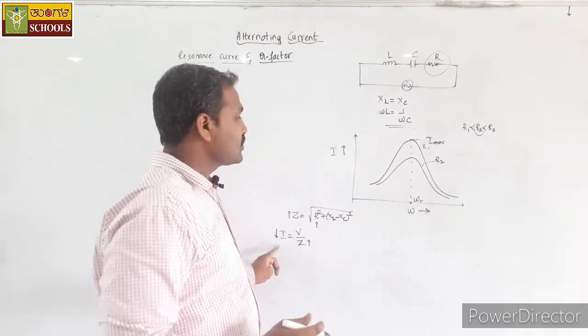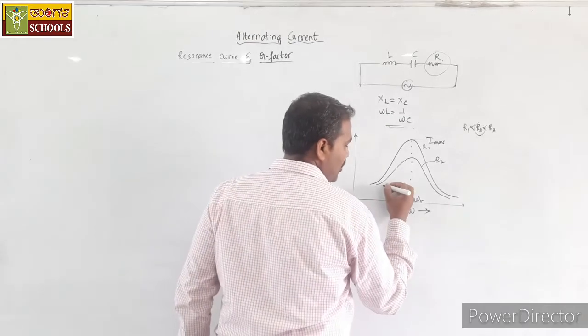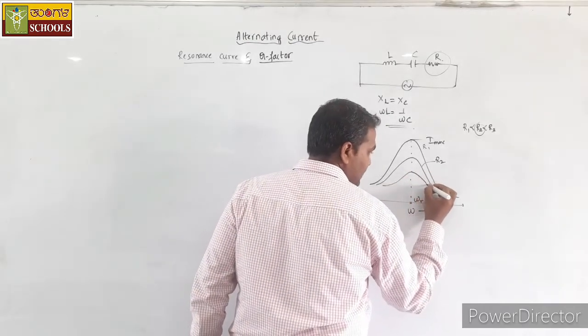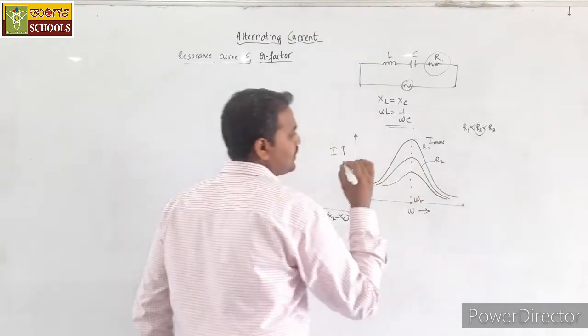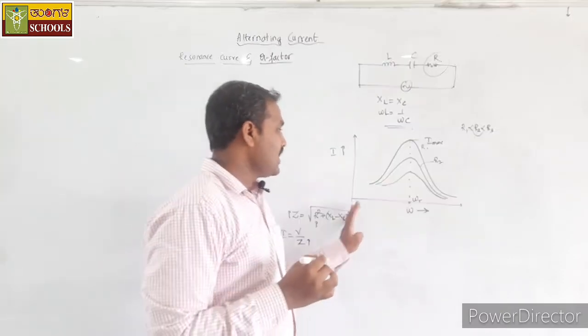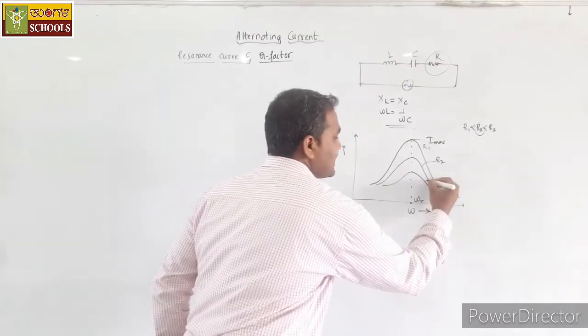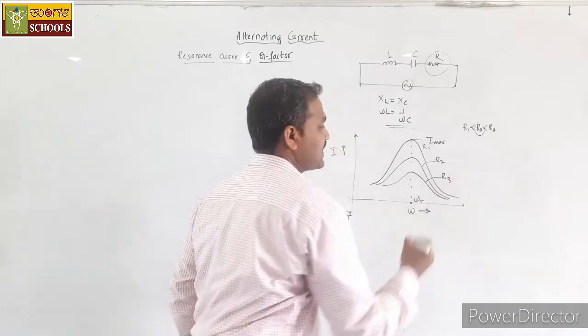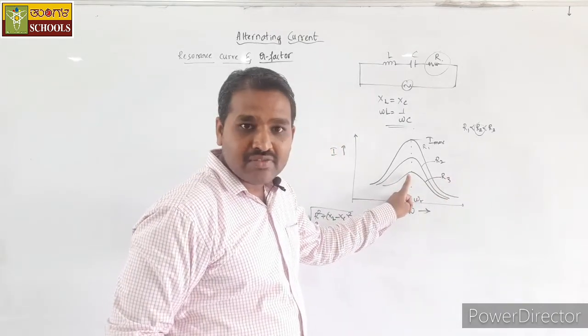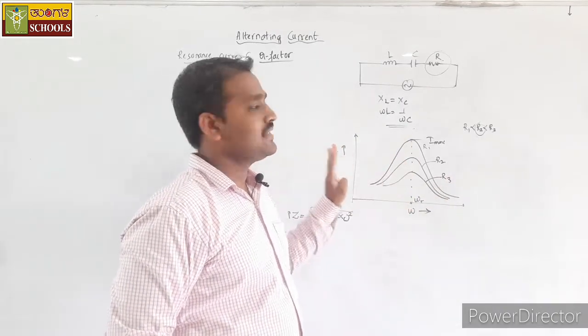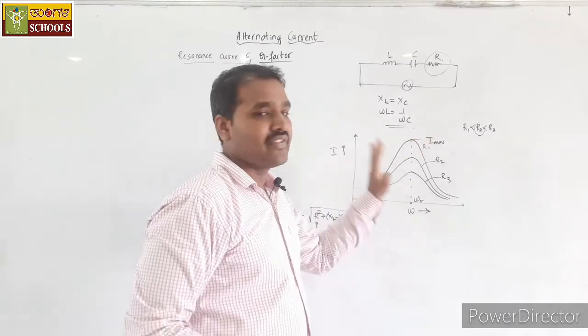So the current flowing through the circuit will be still lesser. We observe the curve something like this. As the value of the resistance increases, the sharpness of the curve decreases. That is observed in this figure.